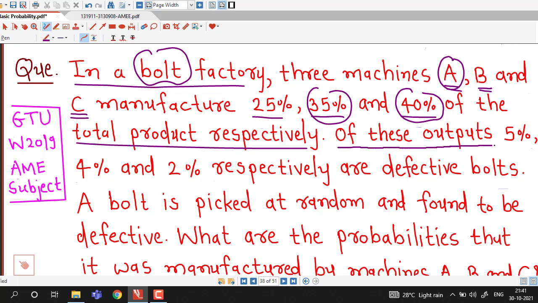Further, it is given that of these outputs, 5%, 4% and 2% respectively are defective bolts.